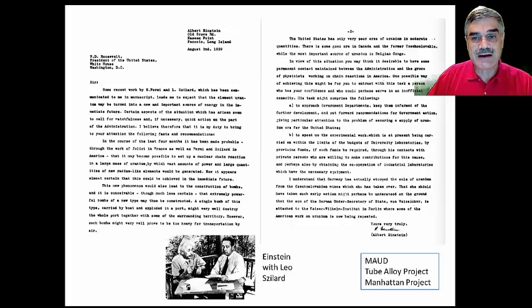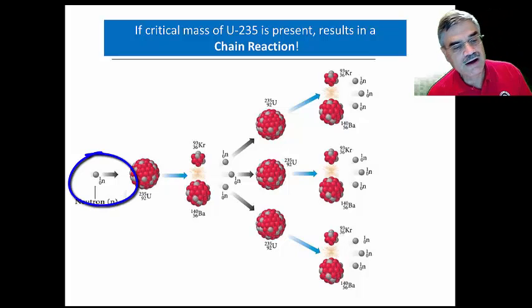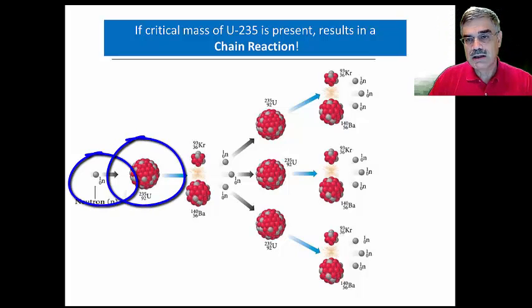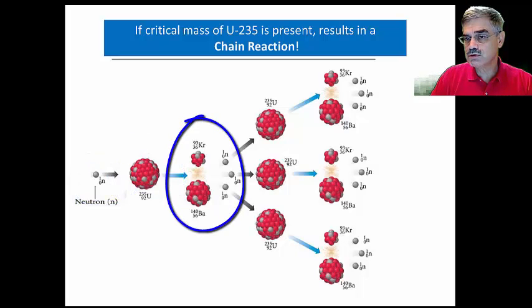Now, what is it about this type of nuclear fission reaction that led scientists to realize that it was a very, very powerful reaction? Well, this shows what can happen. When a neutron is fired at uranium, it will cause the fission of uranium into two smaller nuclides, two smaller elements, barium and krypton.